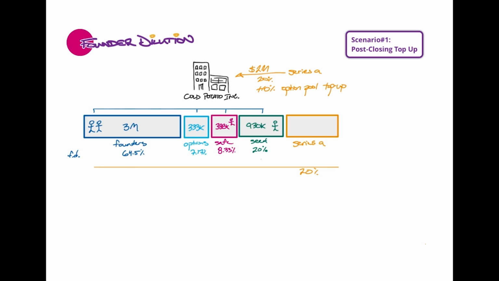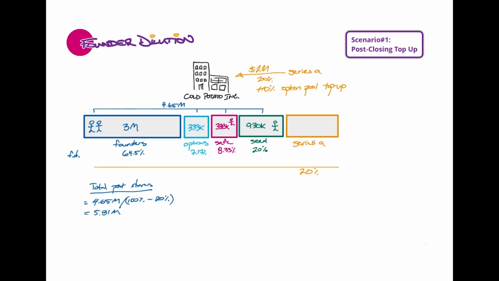Before this financing, there are approximately 4.65 million shares outstanding between the founders, the option pool, the SAFE, and the seed. And with these 4.65 million shares, we can calculate the total shares after the Series A financing, which is just the 4.65 million shares divided by 100% minus the 20% that the Series A will hold after this financing, which gives us 5.81 million shares.